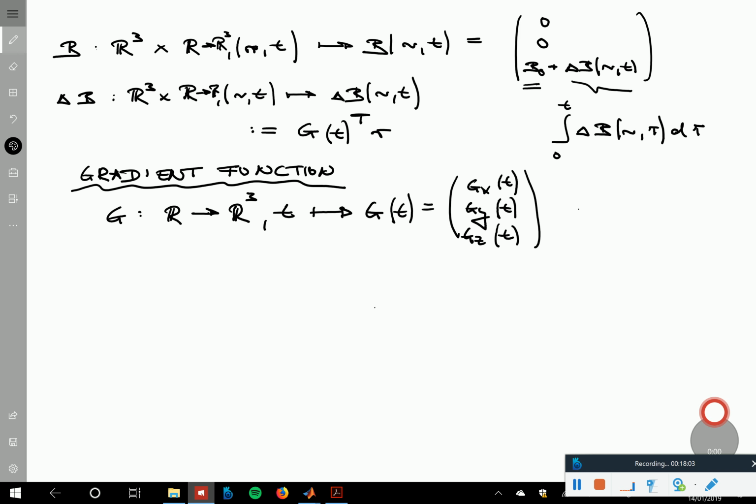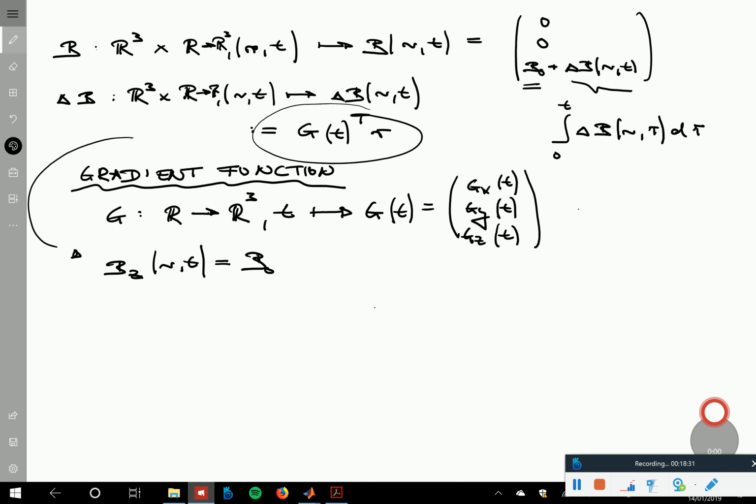Now, in which sense is this linear? Well, if we look at what we actually just defined here, what this means, if you look at it in a little bit more detail, is that our Bz has the explicit form B0 plus, and then we have to compute this dot product between our gradient function and our location vector.